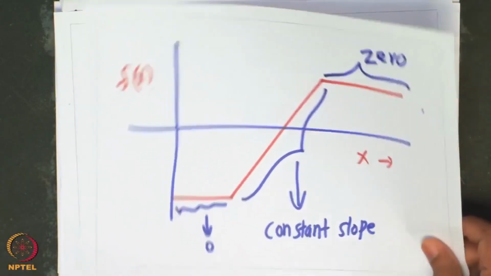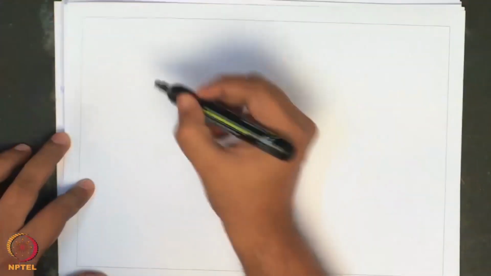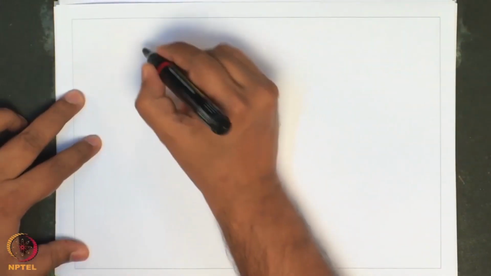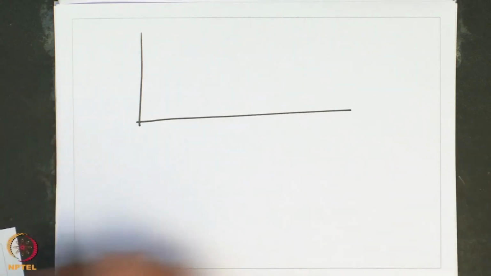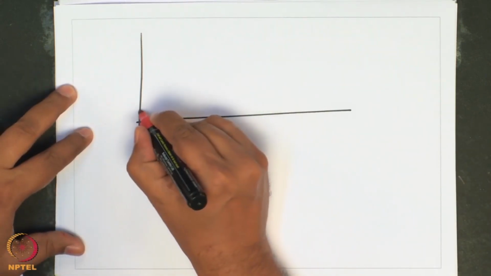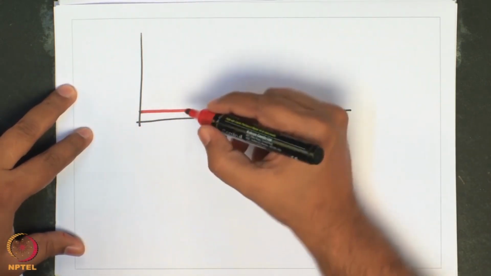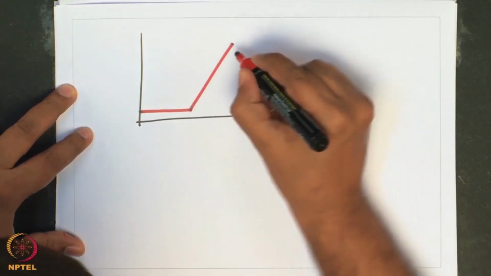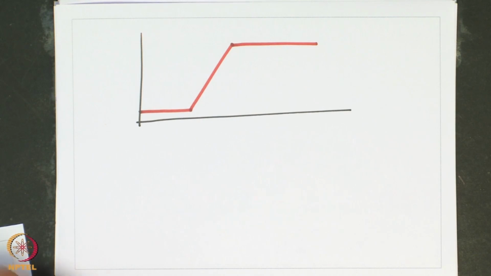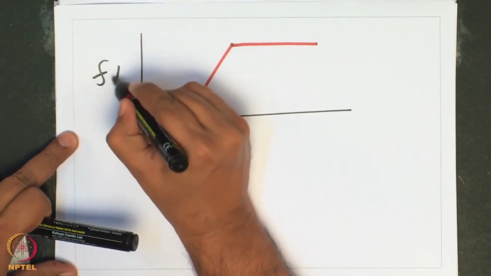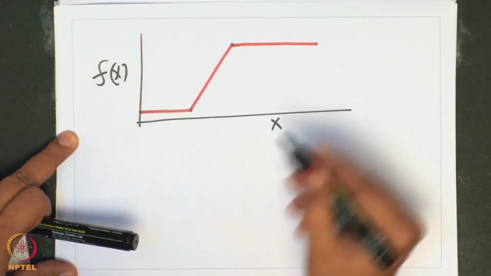So, let us redraw this for our purpose. I am just slightly redrawing it. You have this function which has a small value, increases and saturates. This is your f of x versus x.